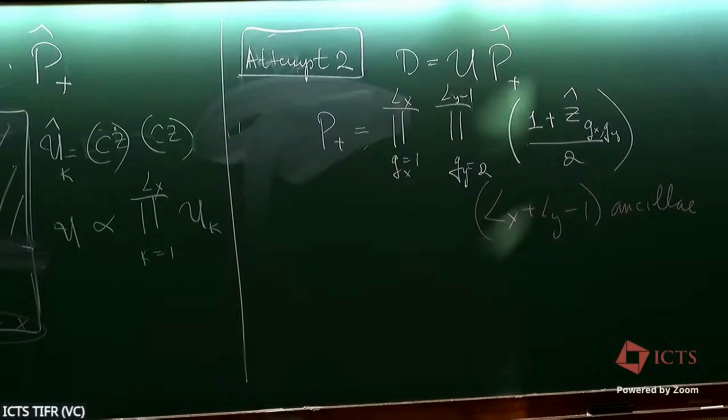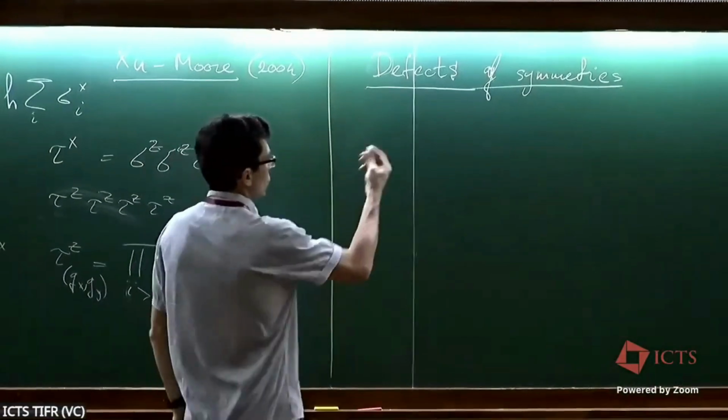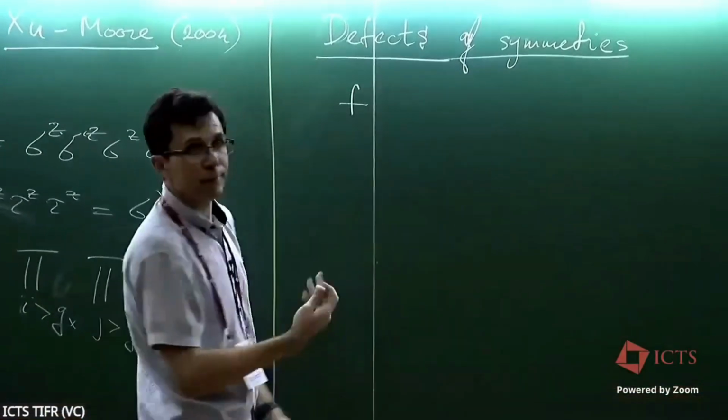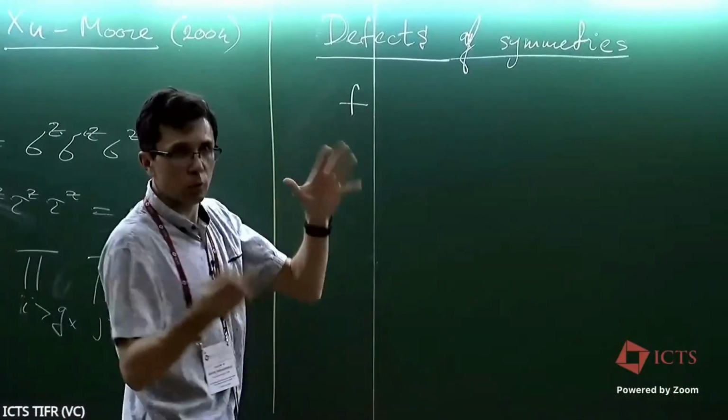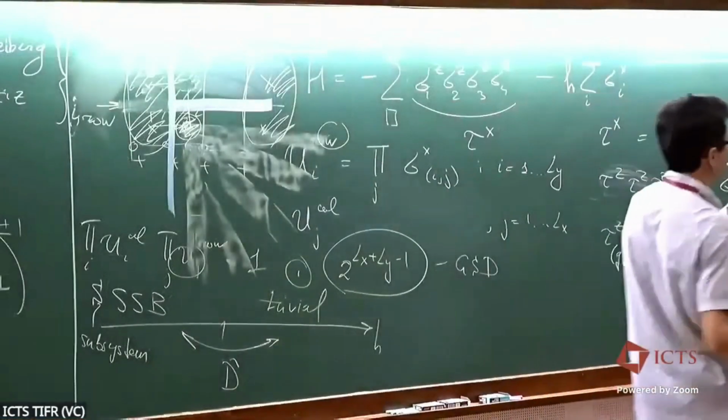So in the short time that I have left, let me tell you the summary of the results. You could ask about what are the defects of the corresponding symmetries. Okay? So I could introduce a fracton. And what the, quote-unquote, fracton is essentially acting with this membrane and leaving around essentially one Z that has been flipped. Okay? So that only affects one square, and that's my fracton.